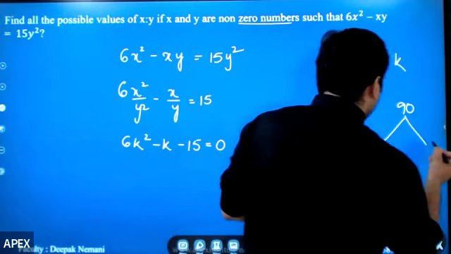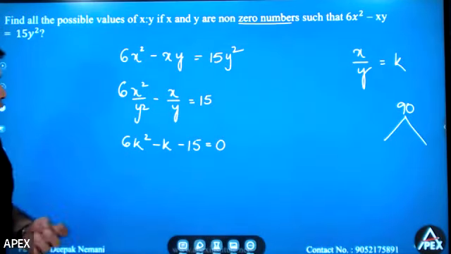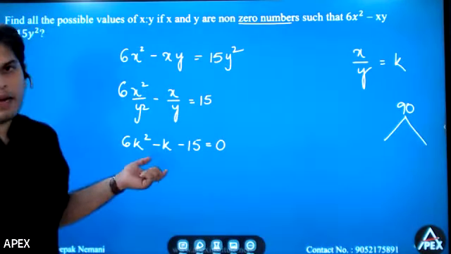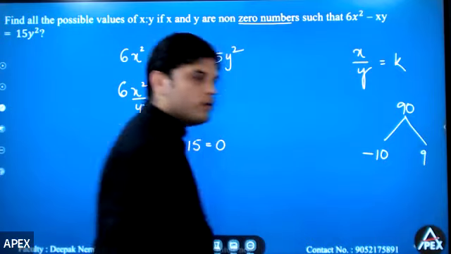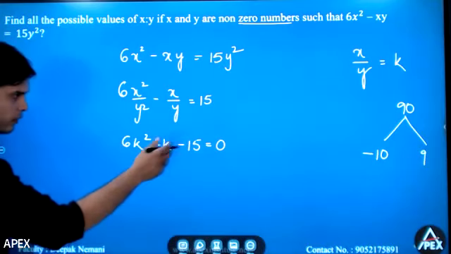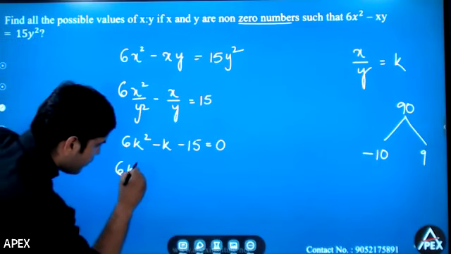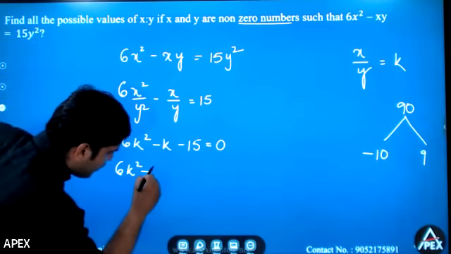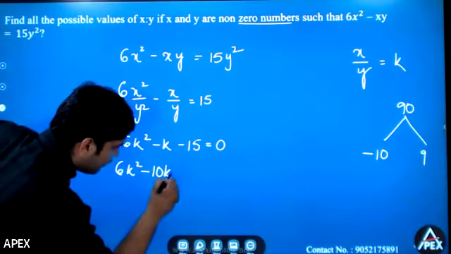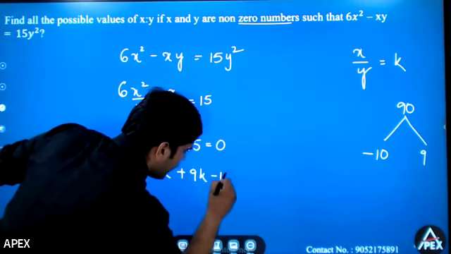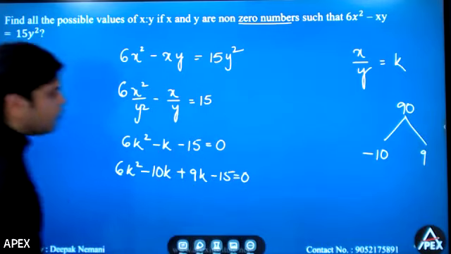So how can I write 90 as a product of two numbers such that they add up to minus 1? Minus 10 into 9. So I'll be rewriting this equation as 6k square minus 10k plus 9k minus 15 is equal to 0.